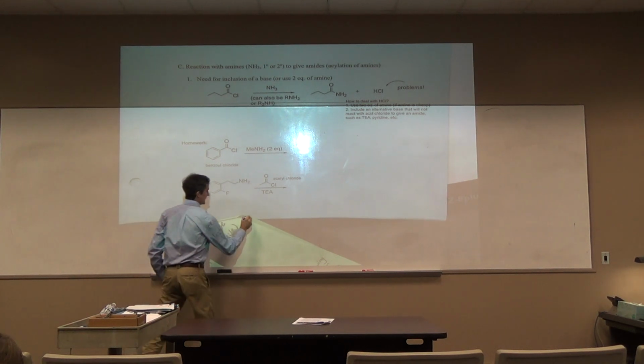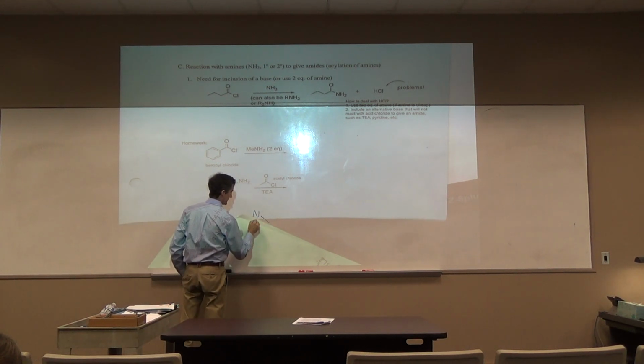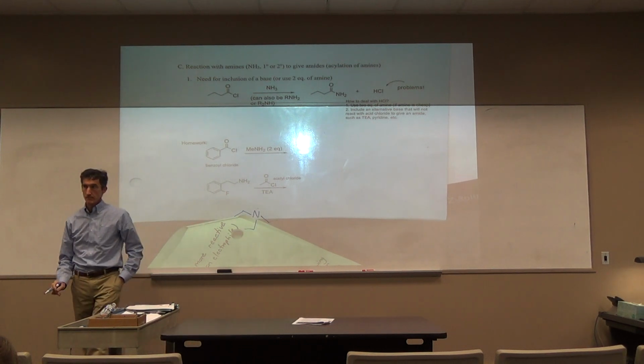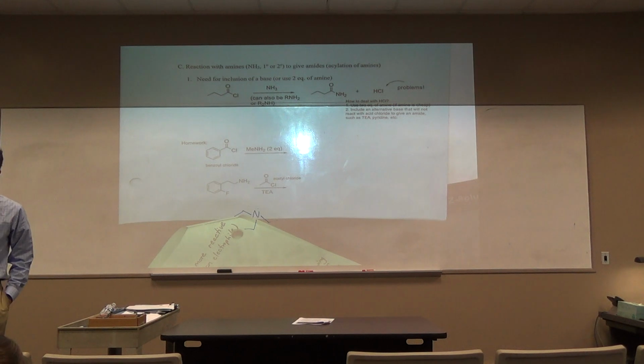Triethylamine would be a nitrogen with 3 ethyls. It's a tertiary amine which will not react to give an amide. This is a sacrificial base. There's a variety of sacrificial bases that can be used.